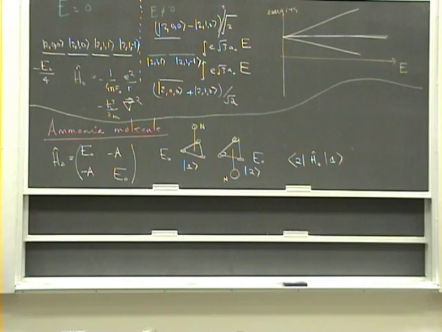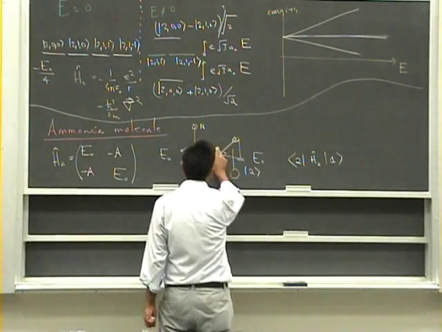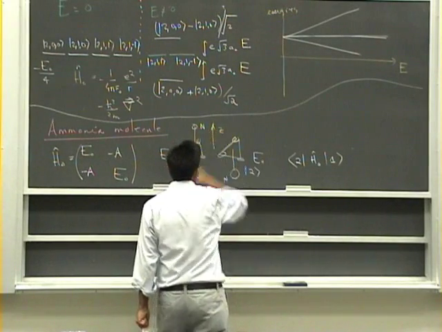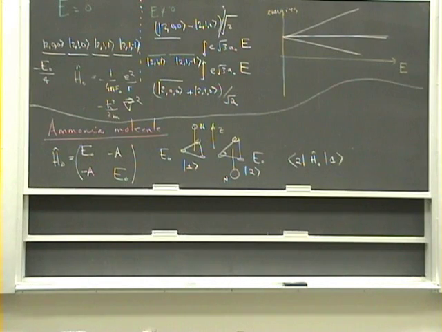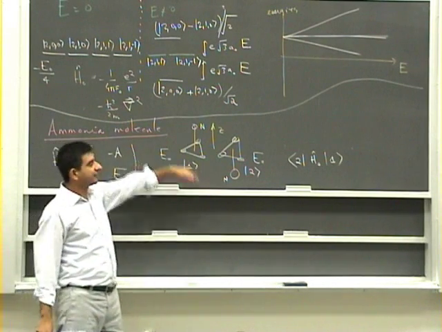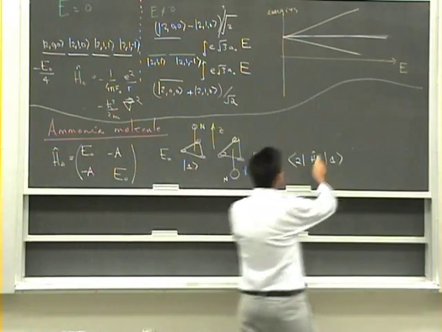Now suppose you do apply an electric field, and suppose that the electric field is applied along the z-axis. The z-axis is the axis that connects the nitrogen atom to the base of the pyramid. Okay, it's a pyramidal one. So you can also introduce a perturbative Hamiltonian.